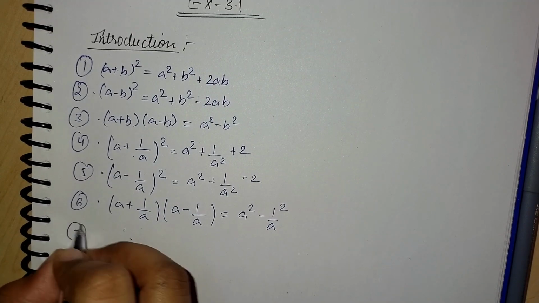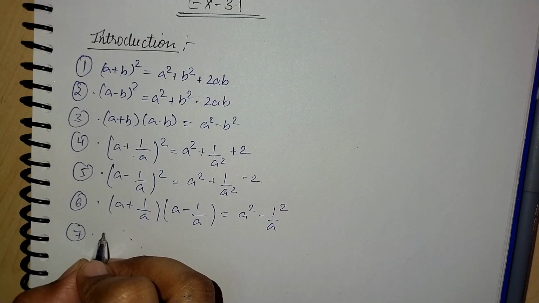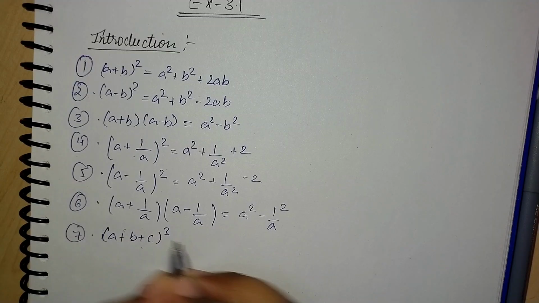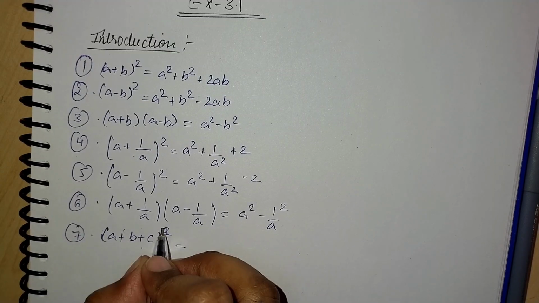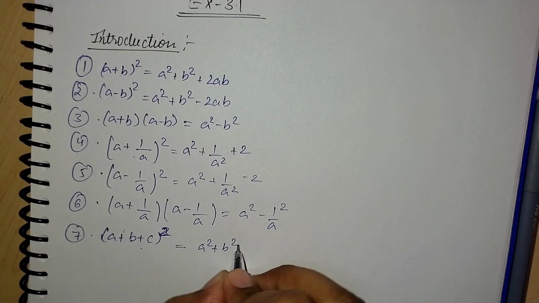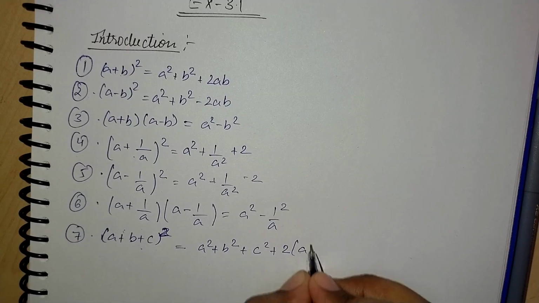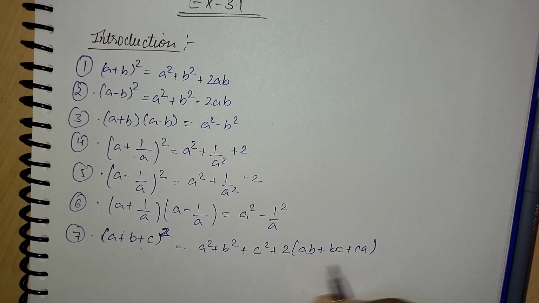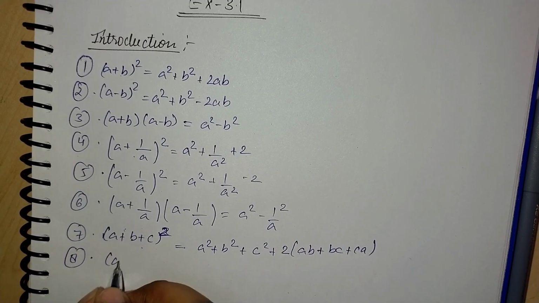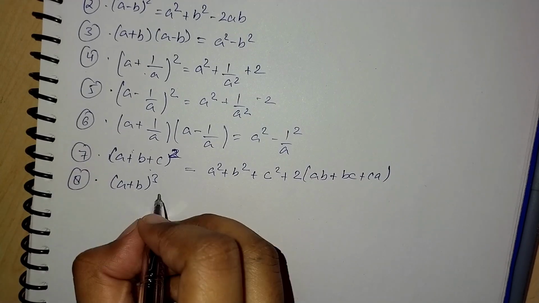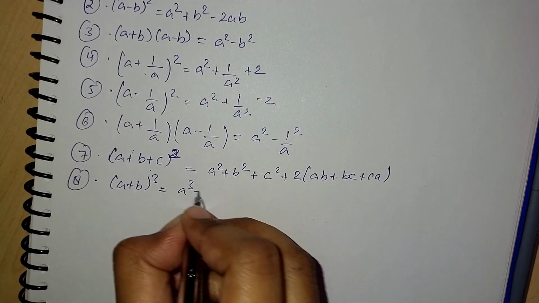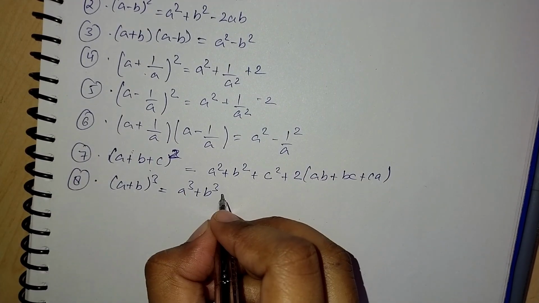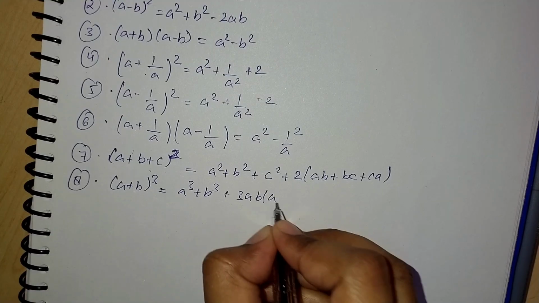Now the seventh part here is (a plus b plus c) whole square equal to a square plus b square plus c square plus 2 times (ab plus bc plus ca). Now the eighth part, (a plus b) whole cube equal to a cube plus b cube plus 3ab times (a plus b).